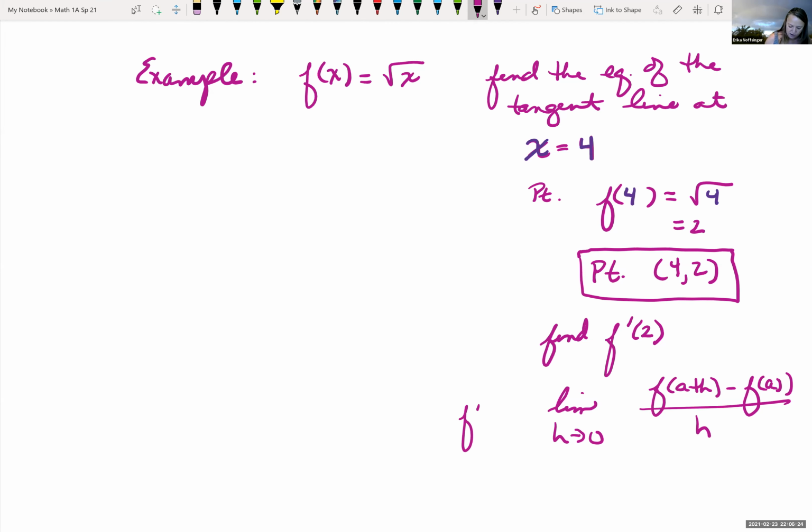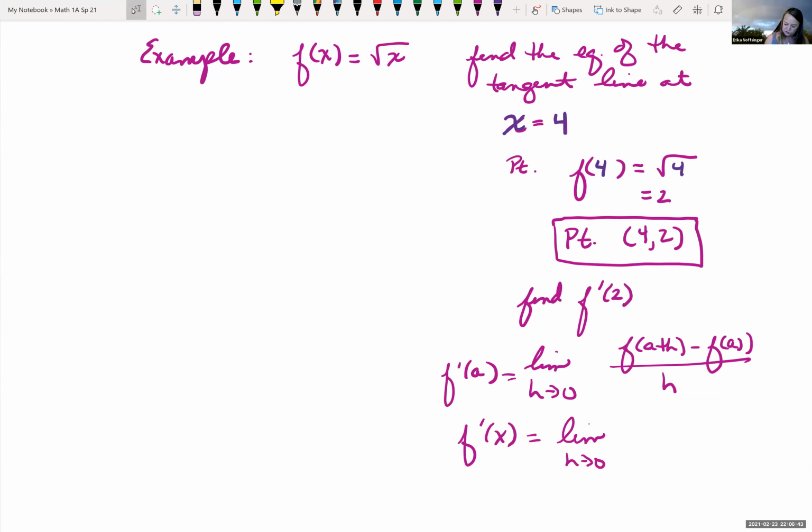This would give me f prime of a. Or I can find f prime of x. That would give me the derivative anywhere on the graph for any x value, and then I can plug in my value of x there.